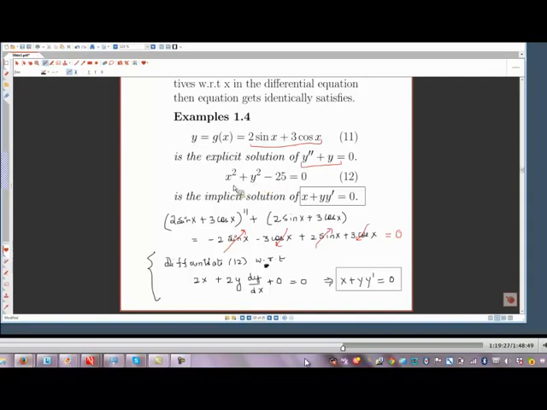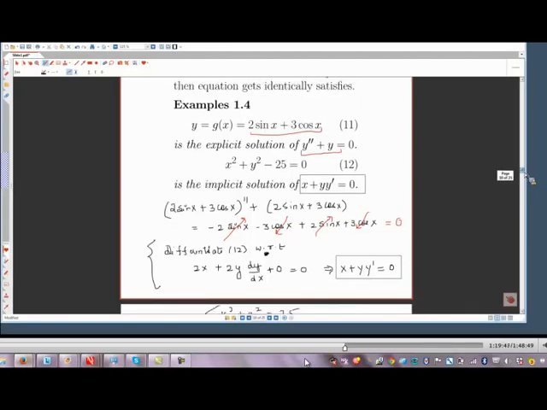That's the reason this is an implicit solution. You cannot solve for y in terms of x explicitly, and that would represent a circle. Okay, and for implicit you always have to differentiate. So very good questions, and that's it: differentiate the solution from scratch to get back a differential equation.